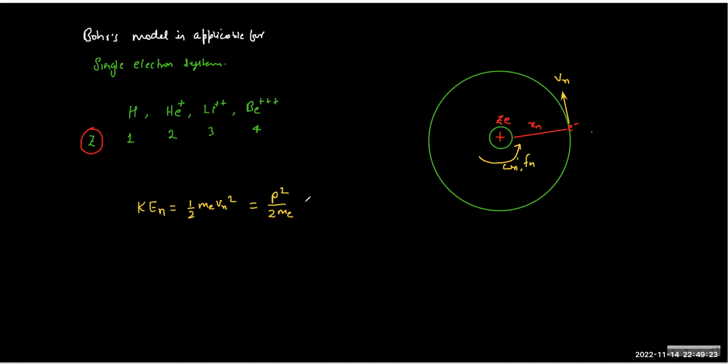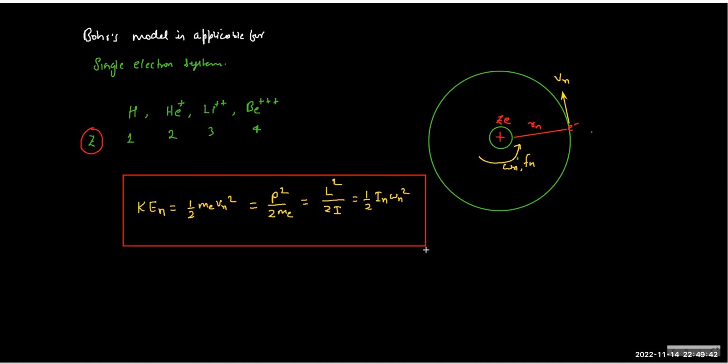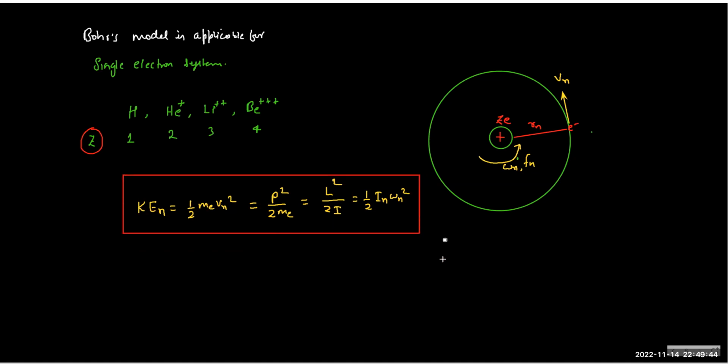And another way? The angular momentum square by 2 times the moment of inertia. And another way? Half I omega square. See, these are 4 ways in which you can write the kinetic energy. So no need to use only half m v square all the time. Whatever is convenient, you can use it.